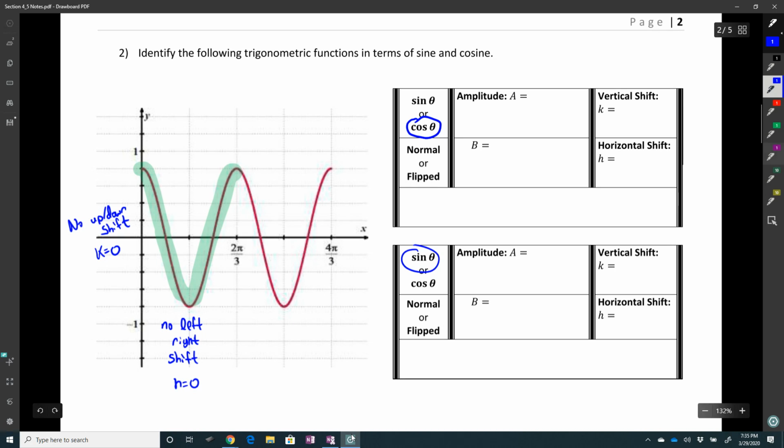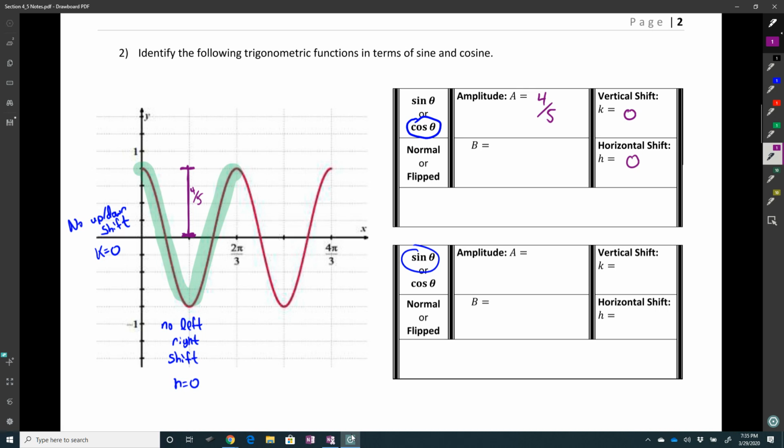So let me go ahead and fill that in. If we're using cosine, then the vertical shift is 0. Horizontal shift is 0. The amplitude is just from the middle to the edges. So I'll just do it right here. And we can see that that's, if this is 1 and there's 5 tick marks, that's just 4/5. So my amplitude is 4/5.